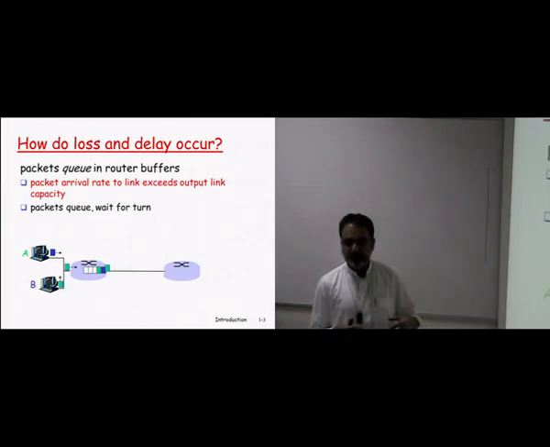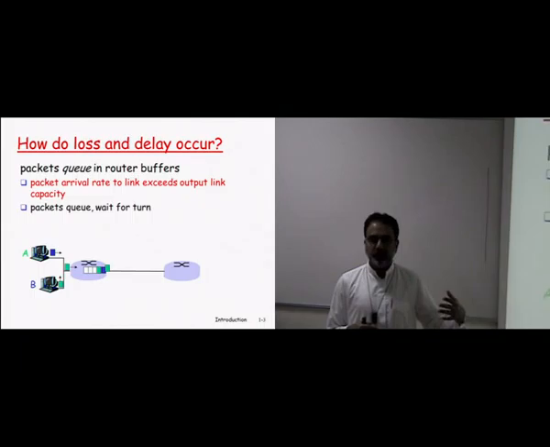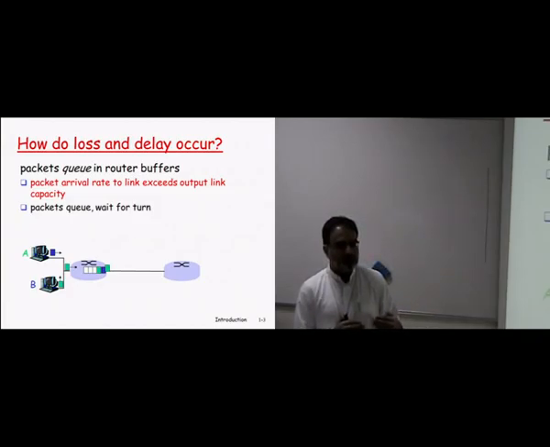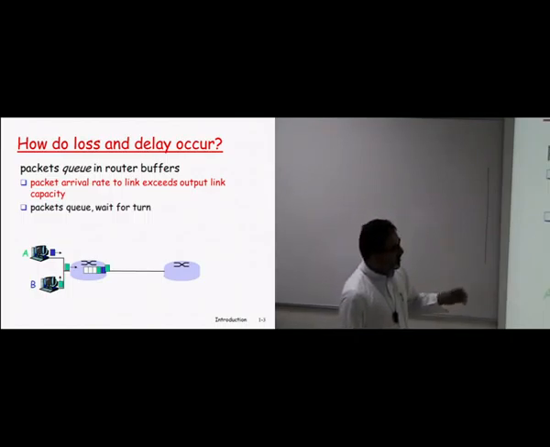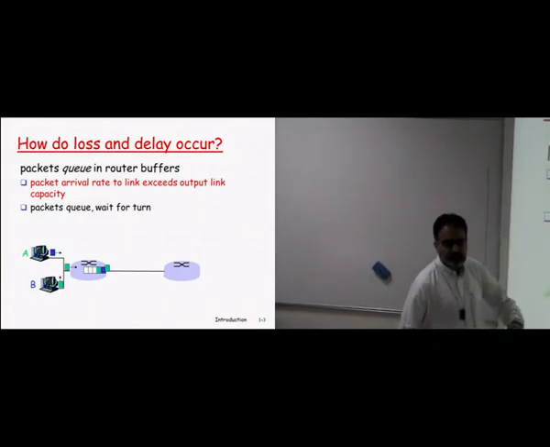To store the packets, the router needs a temporary location called the buffer, and it will keep storing the packets until they are processed by the router. This is called the packet queue in the router buffer, where the router stores the packets coming from the input ports.